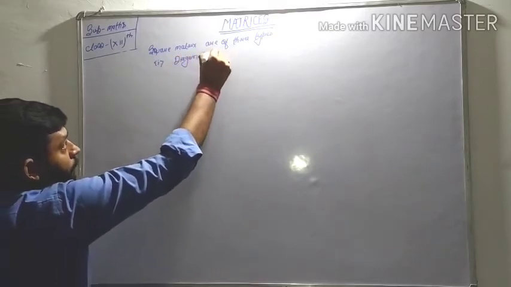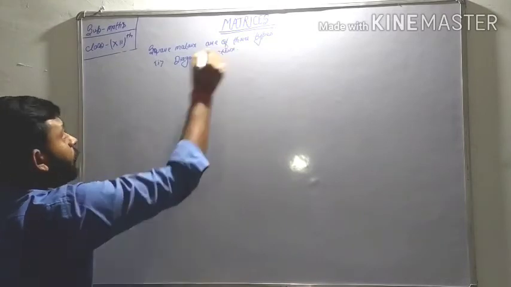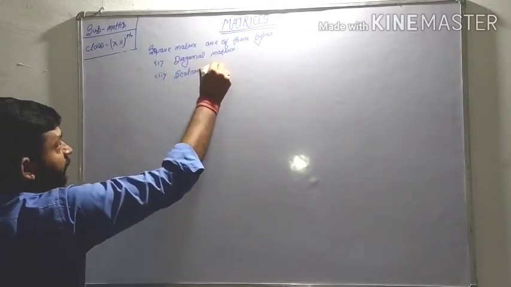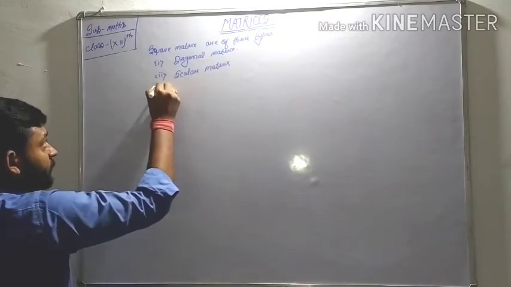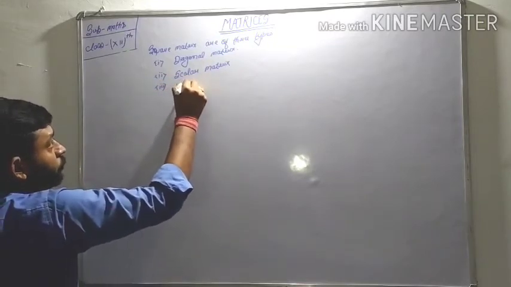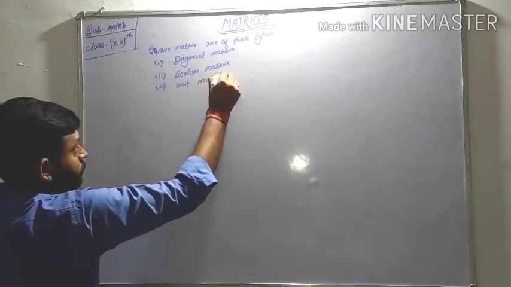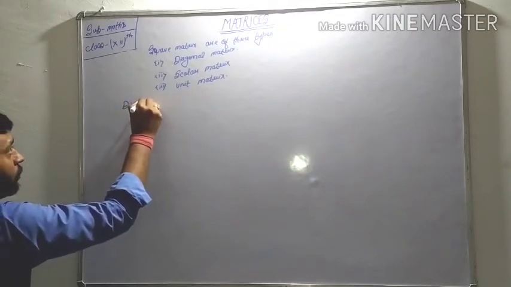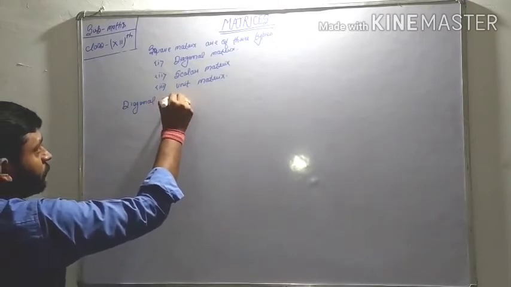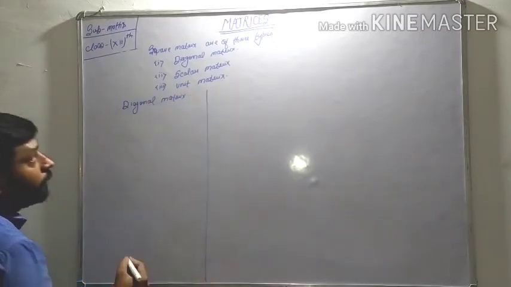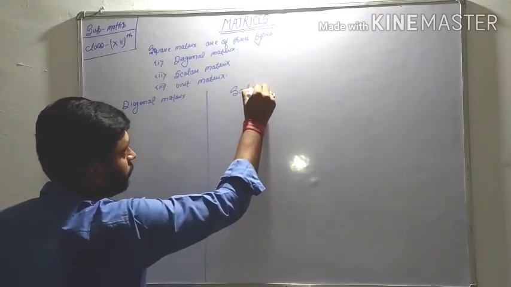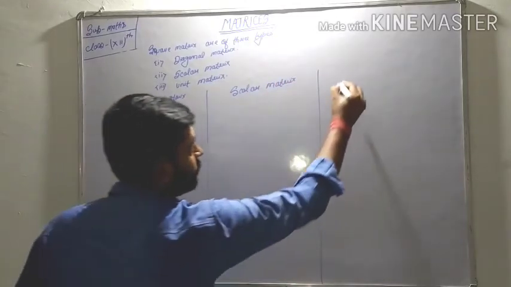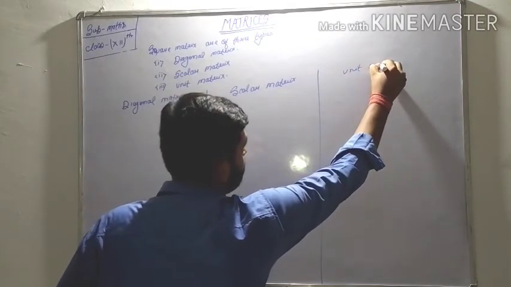Number 2, scalar matrix. And number 3, unit matrix.